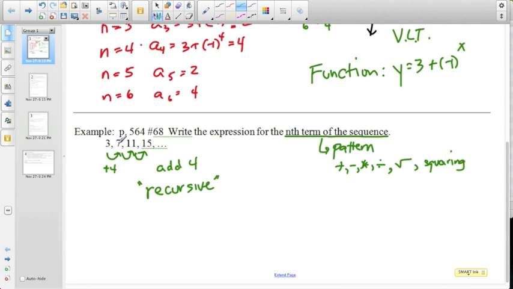So, for instance, if we look at the first term to write this a sub n term, we really need an a sub 1 term, and then plus some sort of expression that is going to allow us to add 4 multiple times.